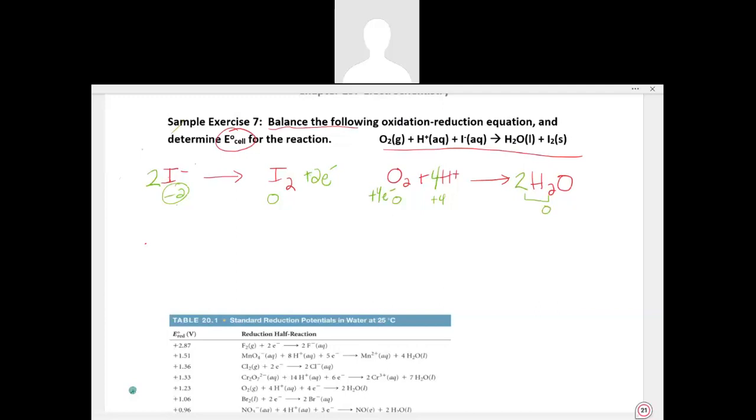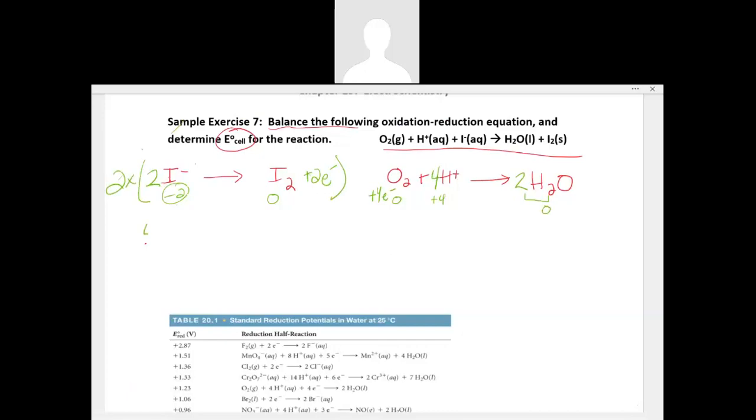So overall now, let's combine our 2 half reactions. Before we do that, I always forget we have to make the electrons equal. So I'm going to multiply this by another 2.